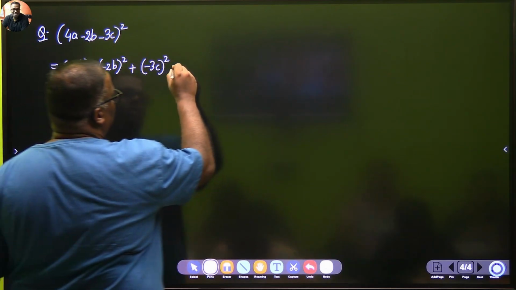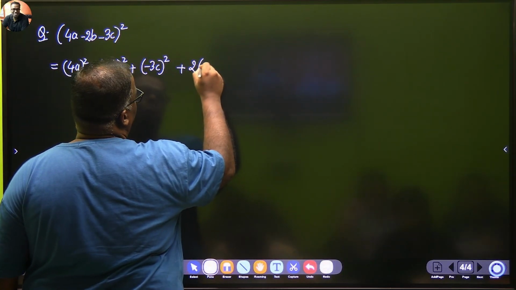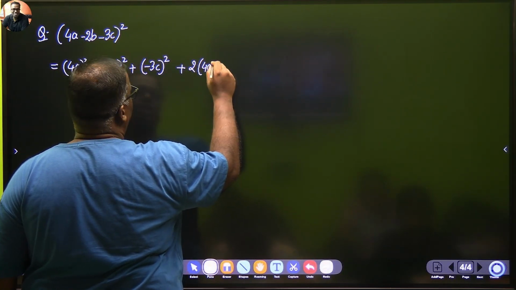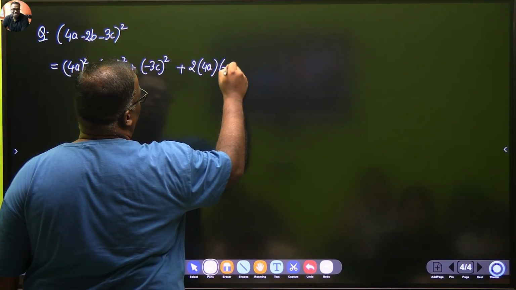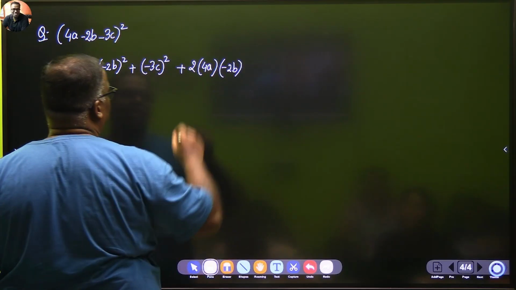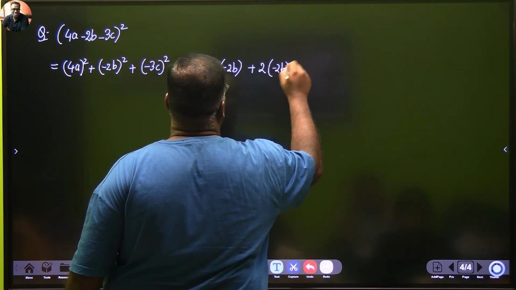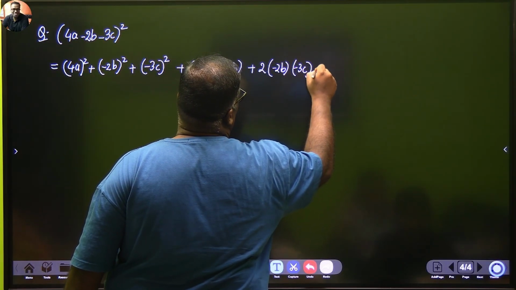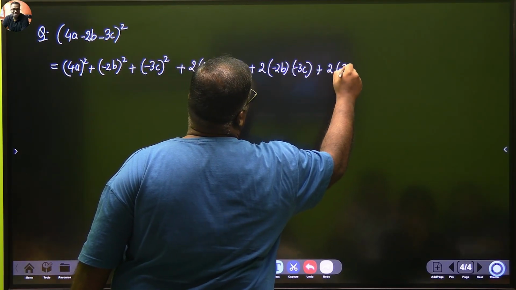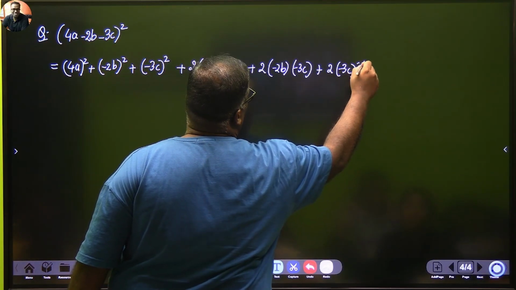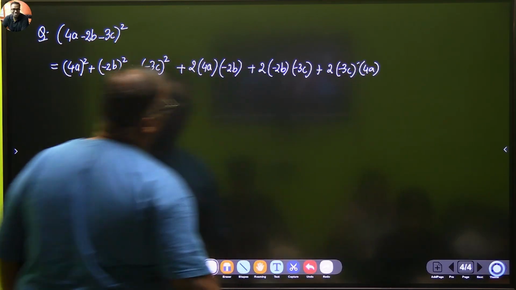So we do what? 2ab. Be very careful, Vedosky. Don't write wrong this time. I can't correct you every time. 2 into minus 2B into minus 3C, and 2 into negative 3C multiplied by 4A. Is this fine?